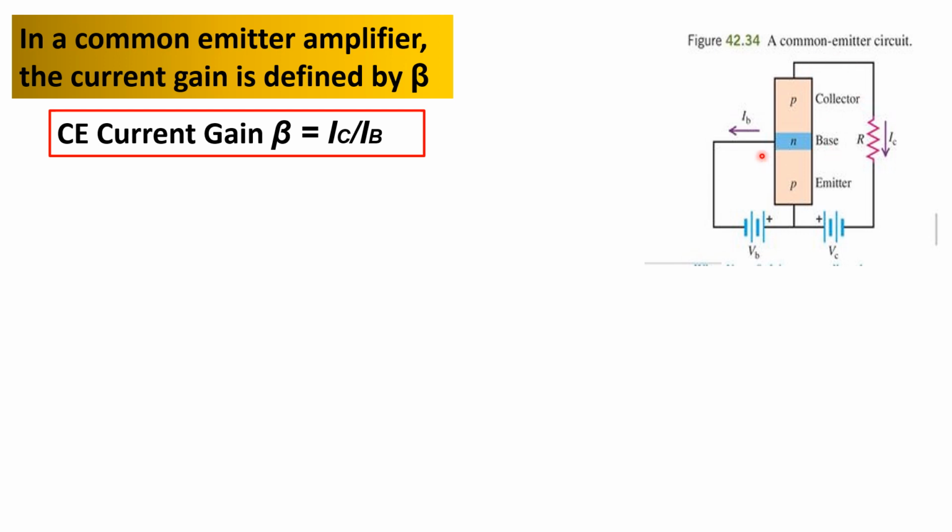Whereas the base emitter junction, whose charge carriers are the electrons, is connected to the negative terminal of the battery in the input battery. So it is forward biased. But the fact that the emitter is the one that's common in these two branches of the circuit, we say that it is a common emitter circuit.